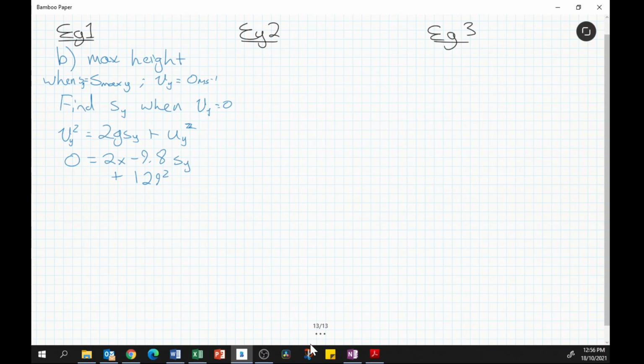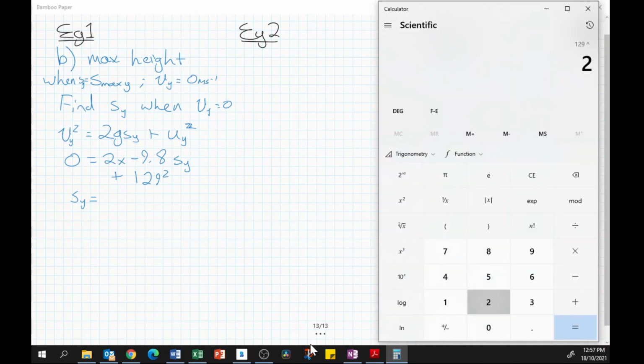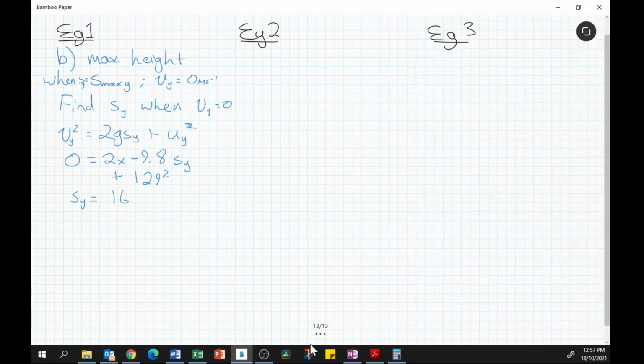Now we can rearrange. We're going to have Sy equals, so we've got to do minus 129 squared, which let's quickly calculate that. 16,641. As a negative. Take that over.